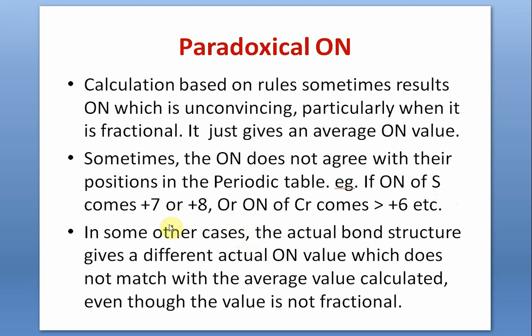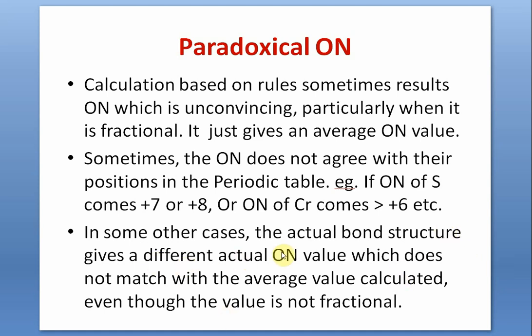So how can it lose 7 or 8 electrons? So here is the paradox. It appears as if it is +7, but it is not convincing. But when you draw the bond structure, you will be convinced that this is not +7 or +8. It has to be maximum +6. It cannot go above +6 because it has 6 electrons, either to share or to lose, though in a theoretical manner. Because oxidation number is a theoretical concept, as I told you.